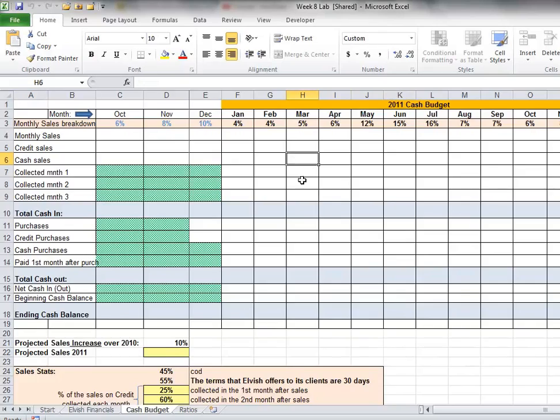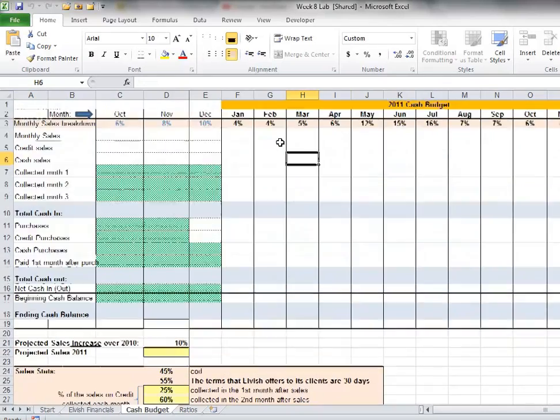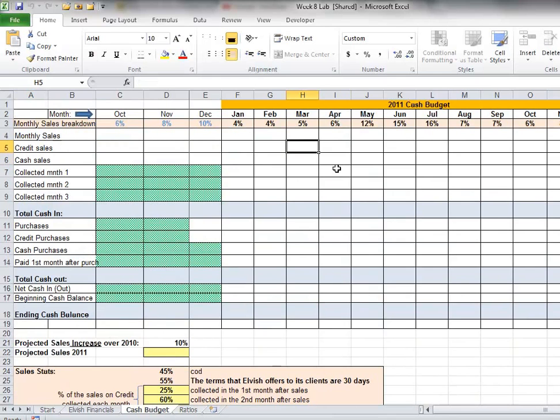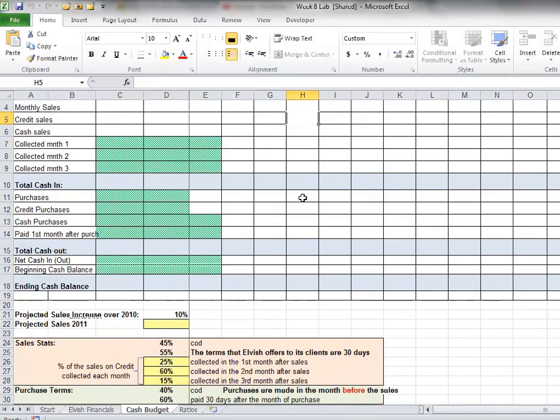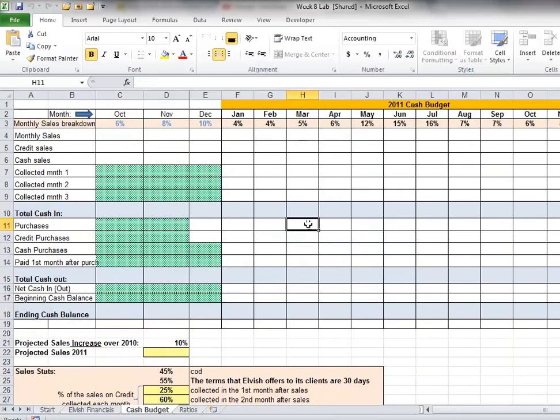Okay, so that's what we have to think about. Cash sales: 45% of our sales are going to be cash, 55% are going to be credit, and we go down to purchases. I'm using March as a month, so we're going to make our purchases for the month of April.